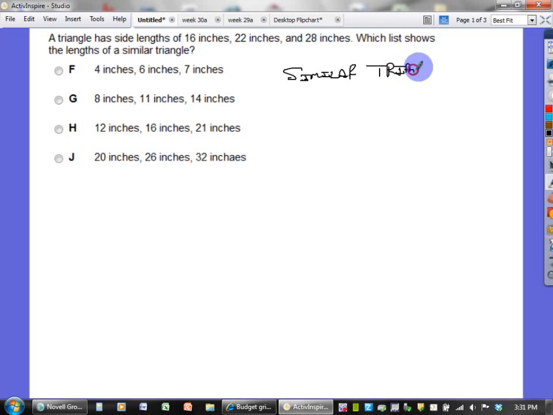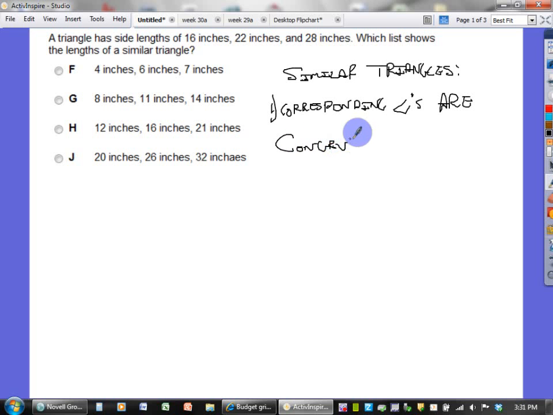And two triangles are similar if, number one, corresponding angles are congruent, and number two, if corresponding side lengths are proportional.